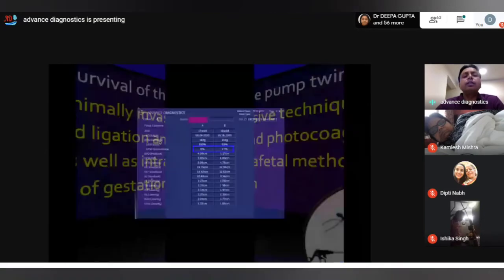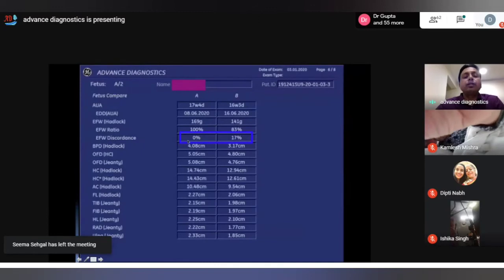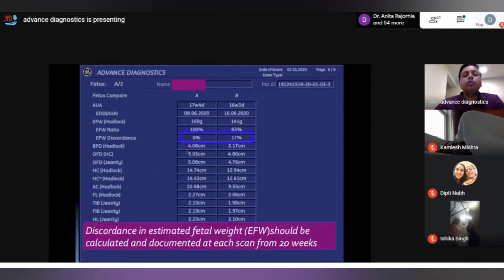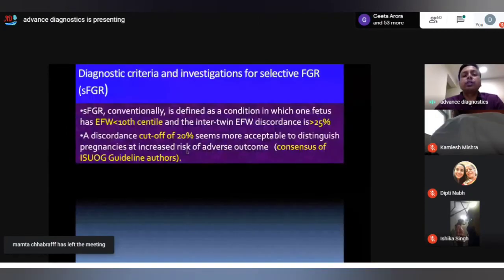Another thing is we should always look for estimated fetal weight discordance. The guideline suggests looking for it from 20 weeks onward, to diagnose selective fetal growth restriction.